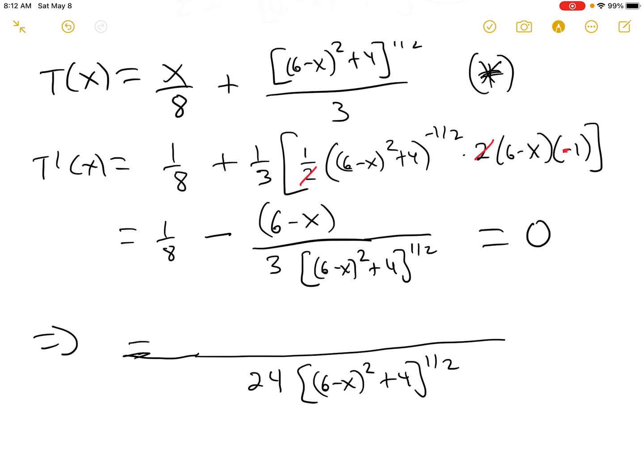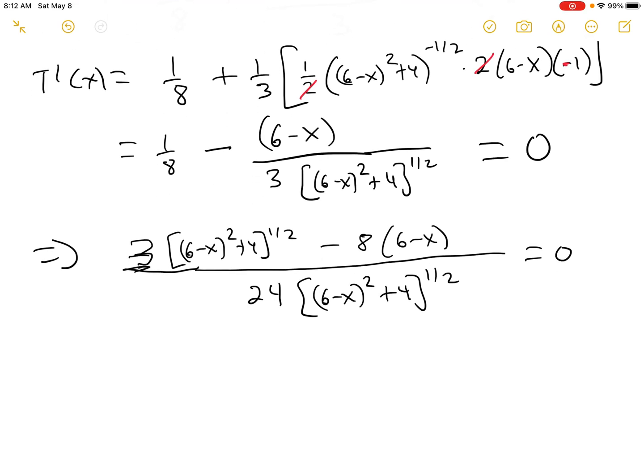All right, so what do I get on top here? You just cross multiply. So you get 3 minus 8. Okay, just cross multiply there, and the fraction can only equal 0 if the numerator equals 0.